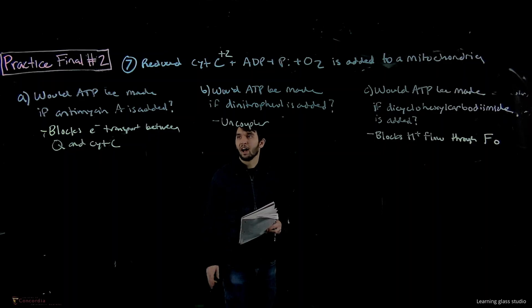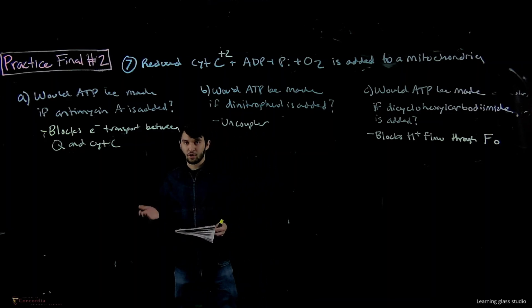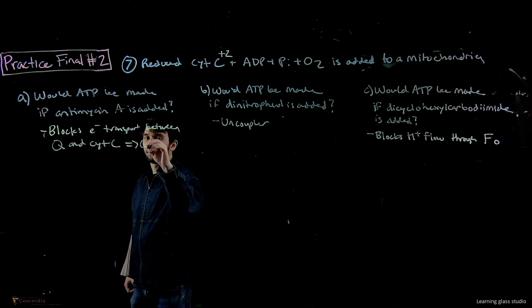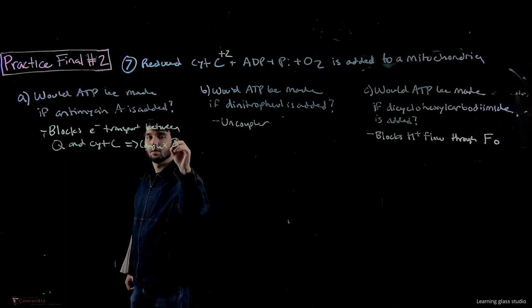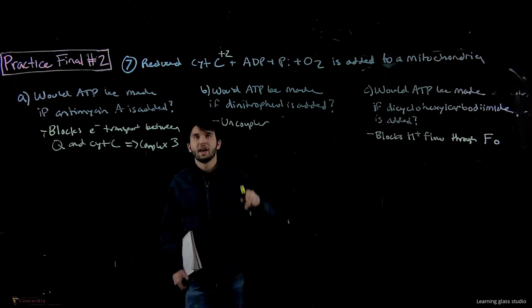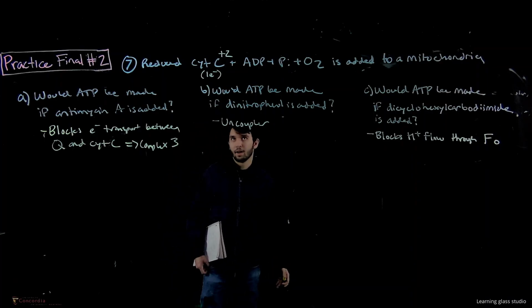But we want to know what happens first if we add antimycin A. We know this is an electron transport chain inhibitor. We saw this in the last problem. It specifically blocks electron transport between Q and cytochrome C. So this is actually happening in complex 3, right? So this does not actually impact complex 4. And remember, we have reduced cytochrome C carrying 1 electron in the solution already.